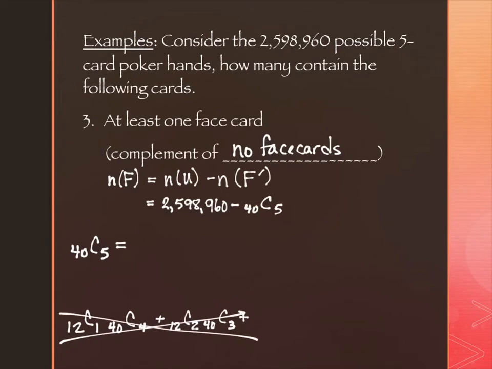Let's do 40C5. 40 factorial on top. What will go on bottom? 35 and 5. So let's write our 40 out to 35.